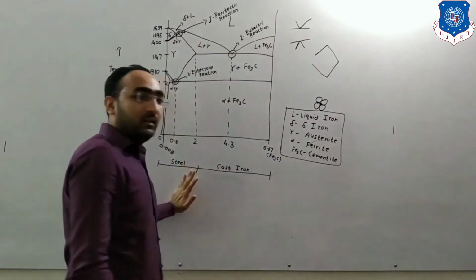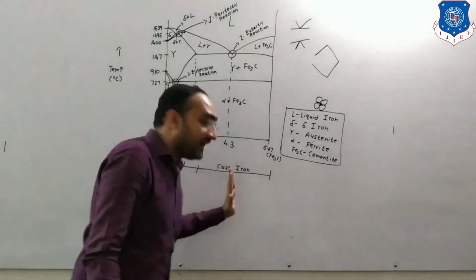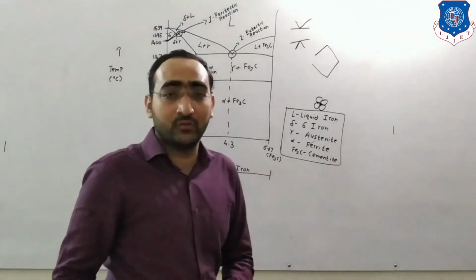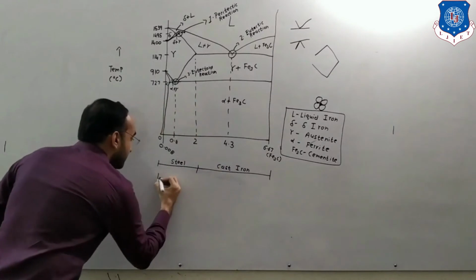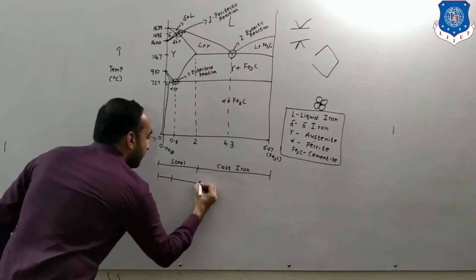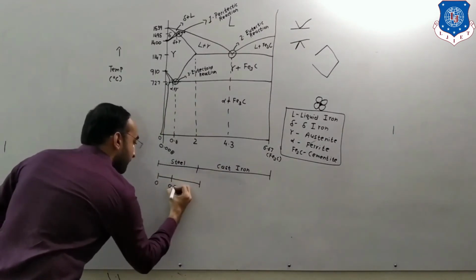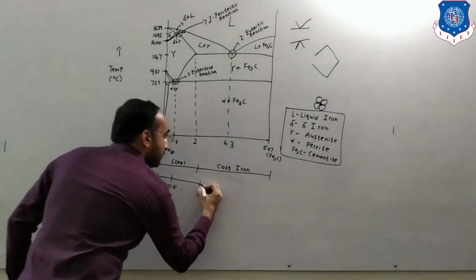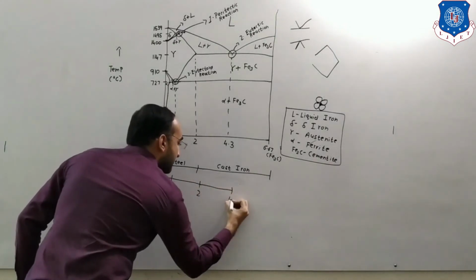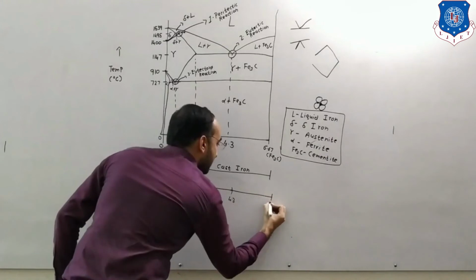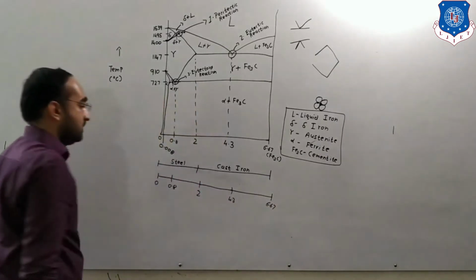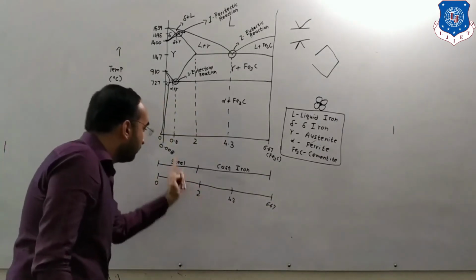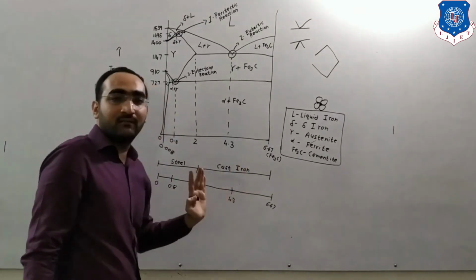So the particular thing is divided into two parts, steel and cast iron. Now there are also subtypes: 0 to 0.8, 0.8 to 2, 2 to 4.3% and then 6.67. So 0 to 2 is steel, 2 to 6.67 is cast iron.